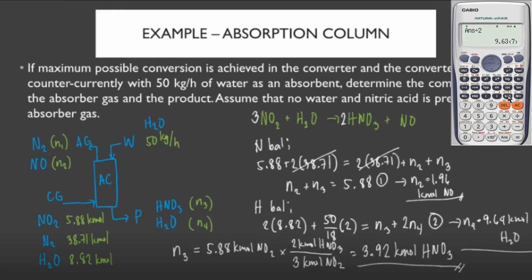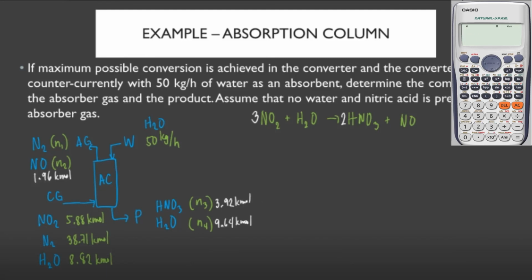With these values determined, we can now answer the question, which is the composition of the absorber gas and the product stream. Let's start with the composition of the absorber gas. We only have two components, that is nitrogen and nitrogen monoxide. These are their kilomole values.